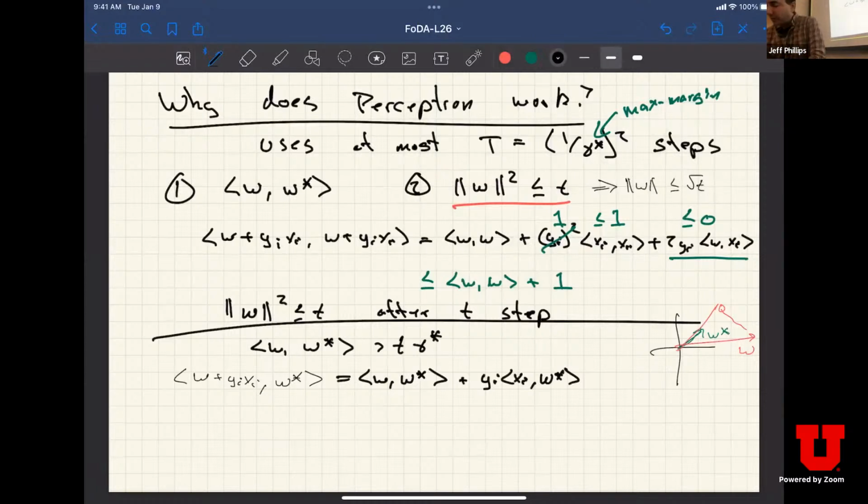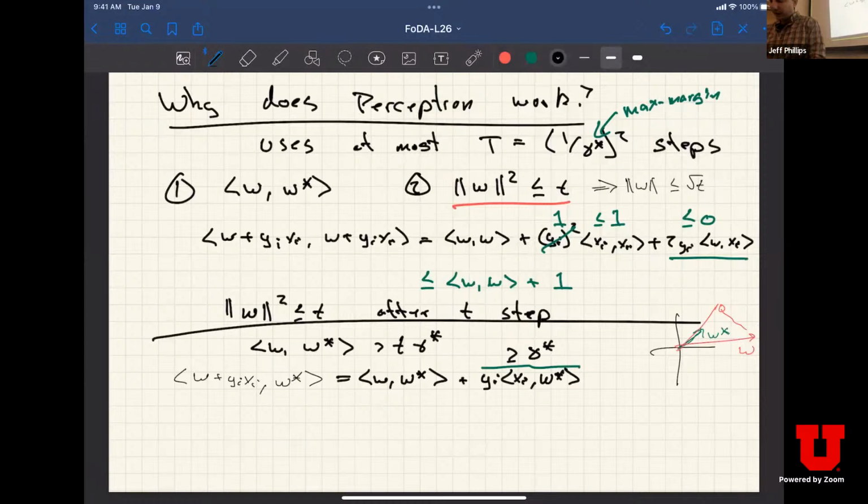So because the margin is at most gamma star, this quantity here is greater than gamma star. So I've increased it by gamma star every step. Because it must be with the perfect classifier, the max margin one, it must increase with respect to that. It's kind of moving in the right direction.